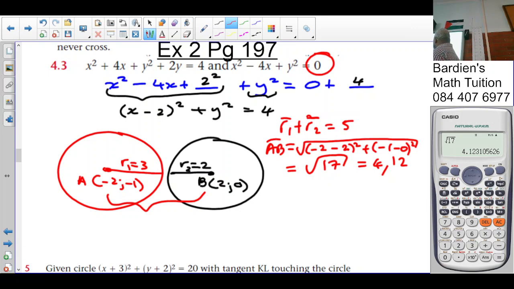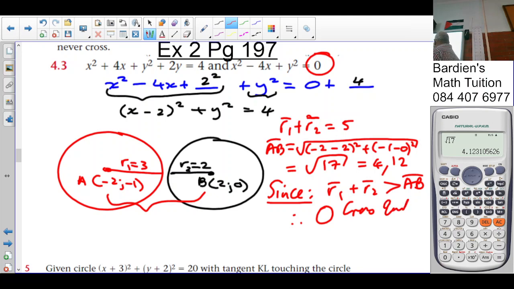So that means to say that since R1 plus R2 is more than, no, 5 is more than 4 comma 1, 2, which is AB. So what does that mean? Therefore the circles cross each other twice. Two times or twice. Okay.